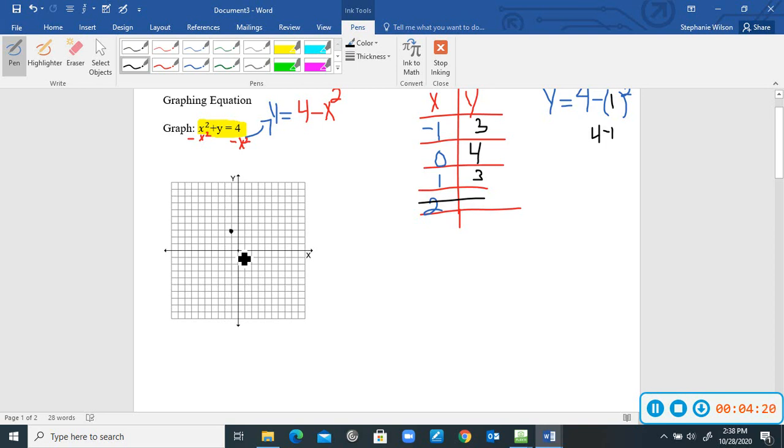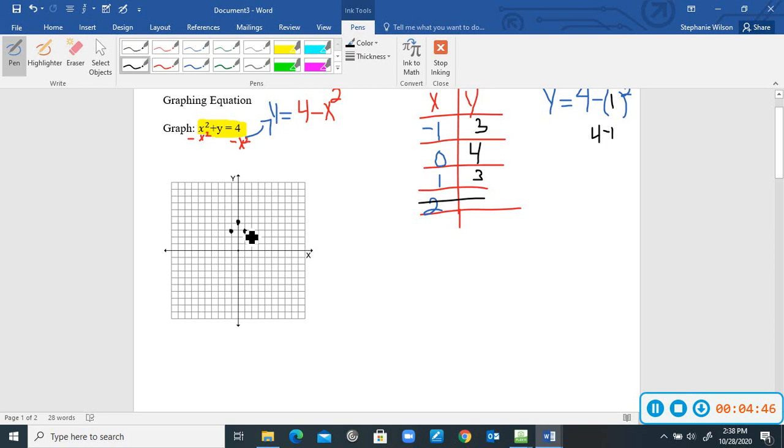It said x is 0, but y is a positive 4, so I'm going to go up, right, because we're not going side to side since x is going to stay 0. And we're going to go 1, 2, 3, 4, and then go back to 0, 0 and plot the next order pair. It says x is positive 1, so we're going to go to the right one, and then it says y is positive 3, so we're going to go up 3.